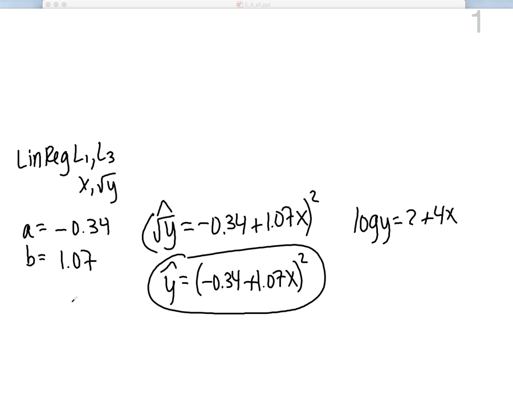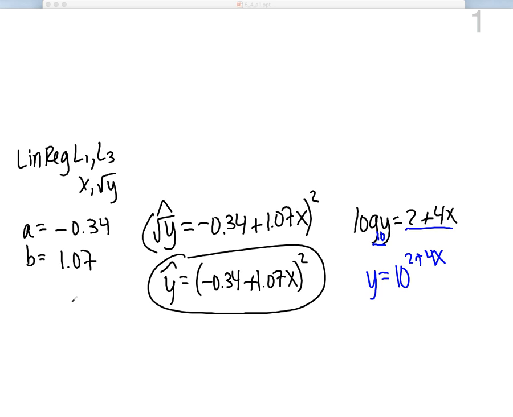It's like a power. The base is 10. So this is the base, that's the exponent. So you get y equals 10 to the power 2 plus 4x.